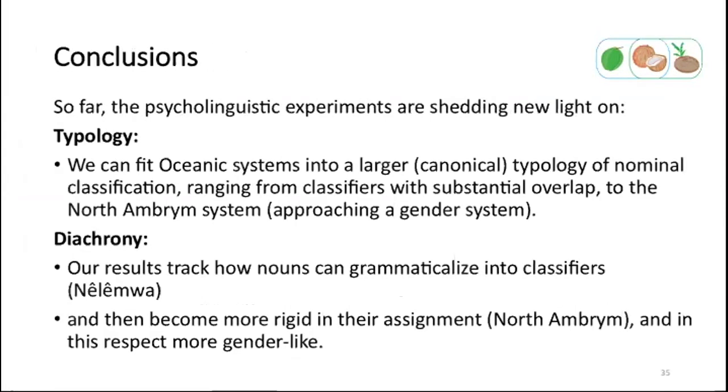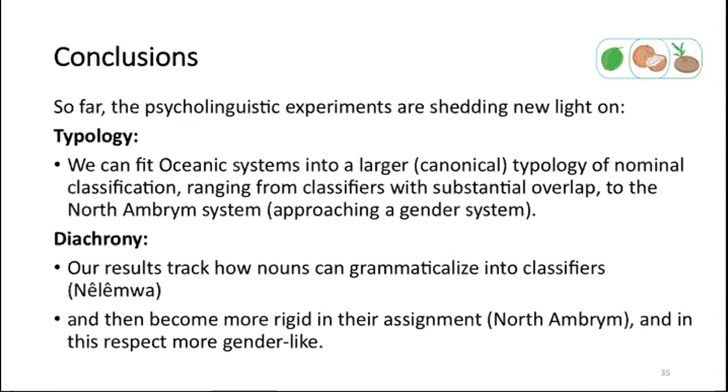And so to our conclusions. So far, the psycholinguistic experiments that we're conducting are shedding new light on the typology of nominal classification systems. That is, we can fit Oceanic systems into a larger canonical typology of nominal classification, ranging from classifiers with substantial overlap to the North Ambrym system, which is approaching a gender system in terms of noun classifier assignment.